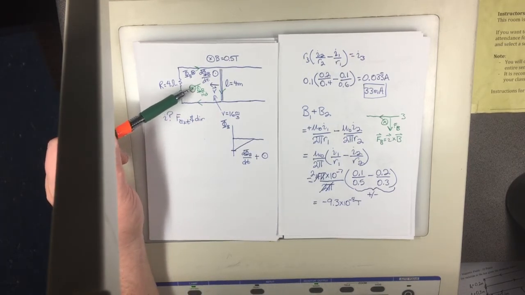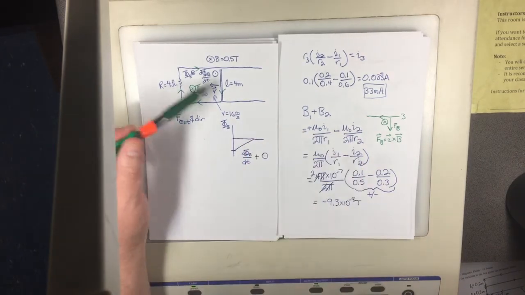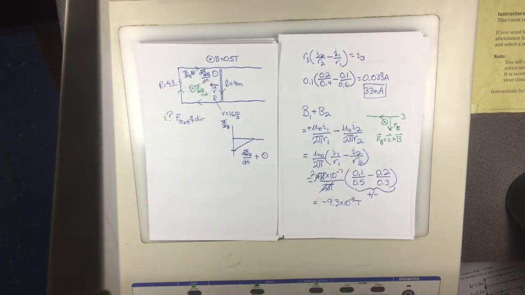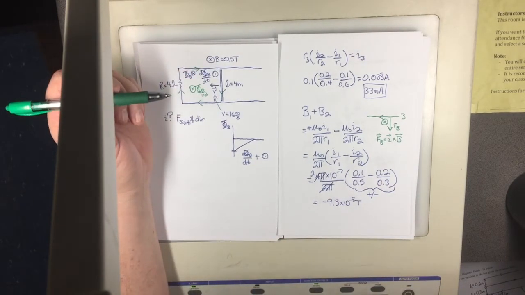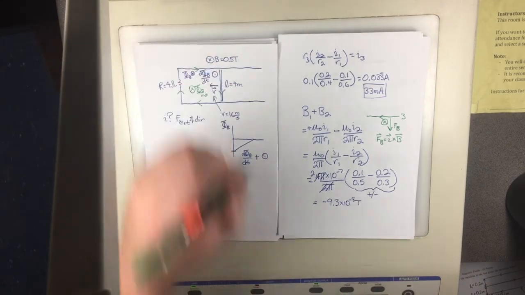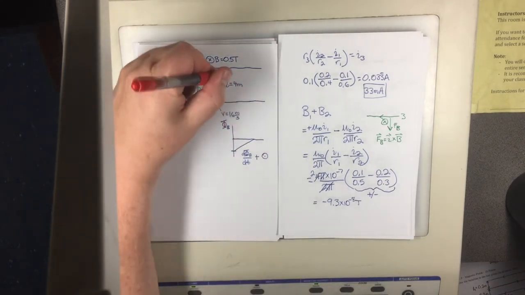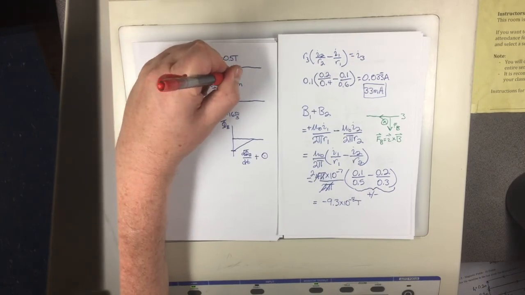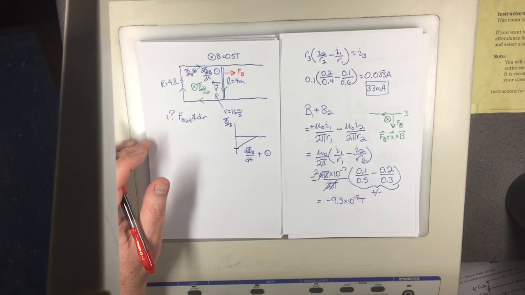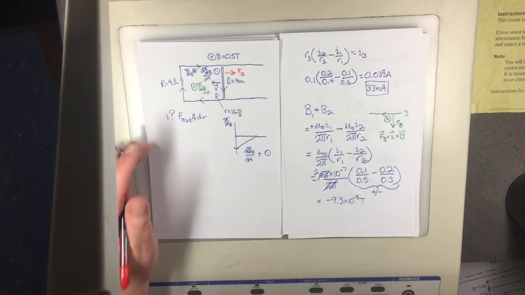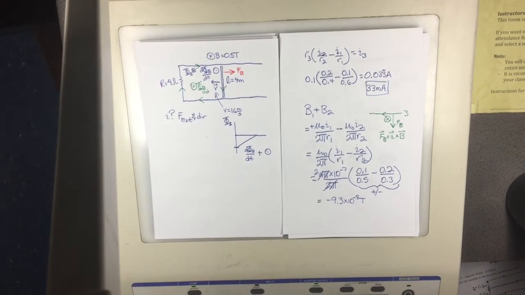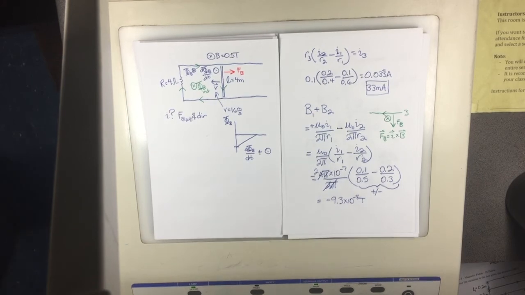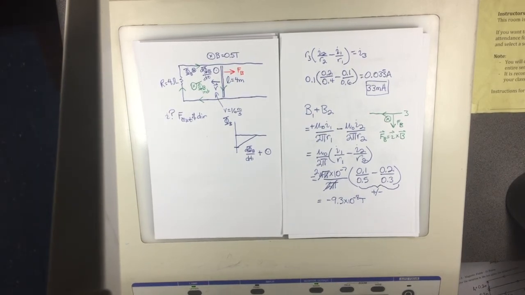So Lenz's law says this has to happen, which means that the current induced has to be clockwise. The current from here is going from ceiling to floor. The B field is going in.